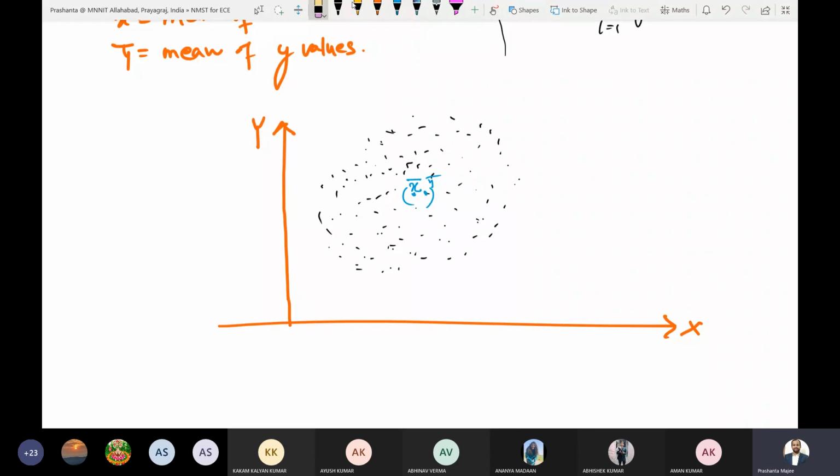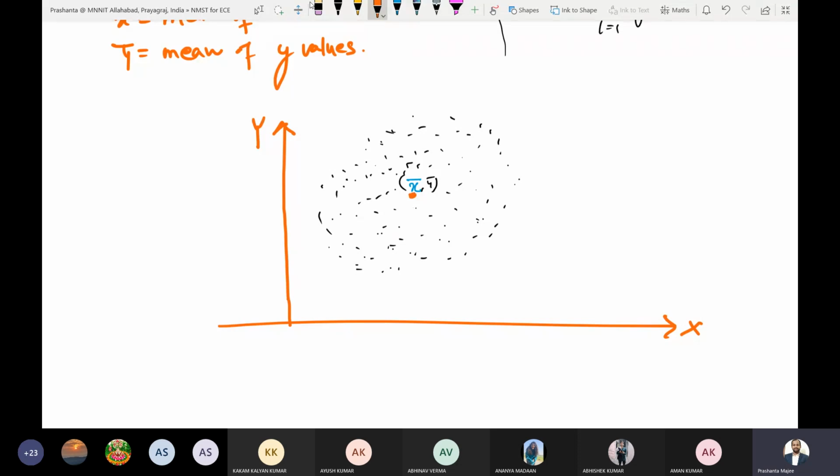So this point is x bar, y bar. This dot. Okay. Now what we are planning to do, shift the origin to this dot, orange dot.